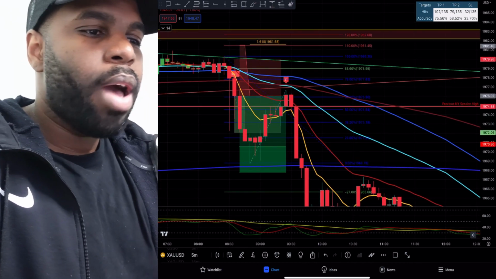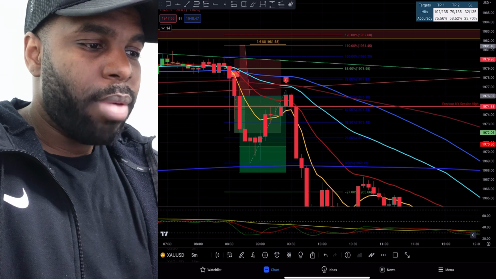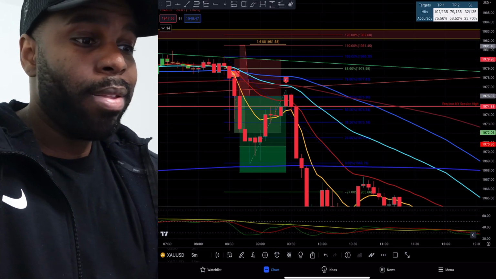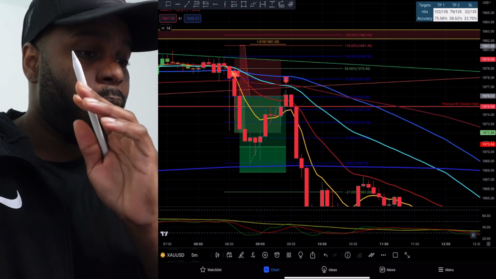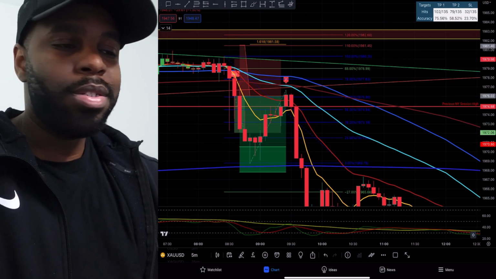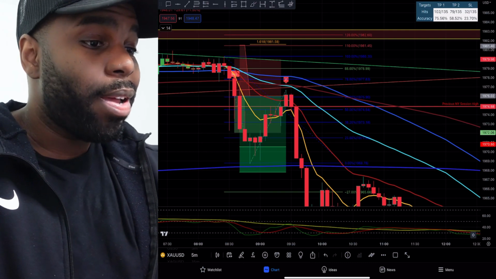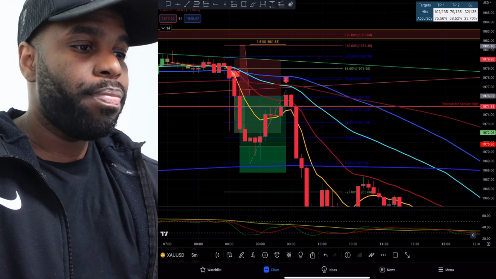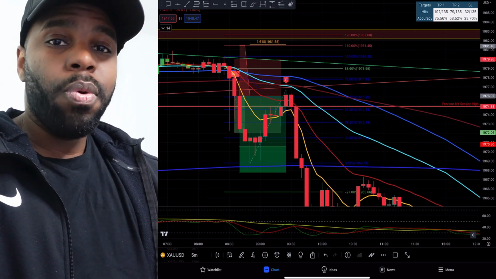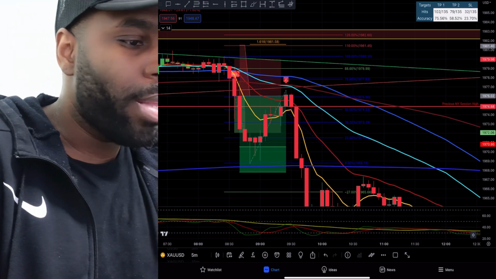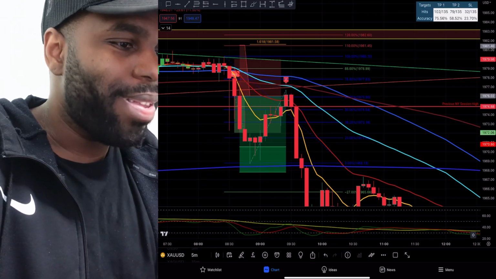But if price came down and pulled back into the 61.8, and not only that, I got an alert on another indicator that I'm using. It's another strategy that I use with this indicator, but I got an alert right there on the 61.8. That's confluence, guys, and you could have got in right there on that candle.